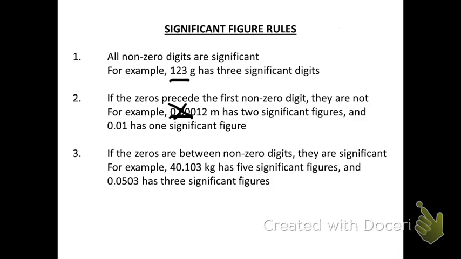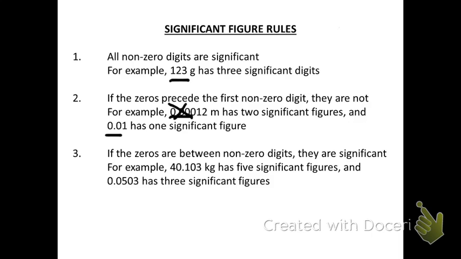So anytime zeros come before a number, they are never, ever significant. The same thing with our next example of 0.01. This number only has 1 significant digit because the zeros at the beginning of the number are never significant. So what exactly do these zeros indicate? Well, they're just placeholders. That is it. That's all they are.